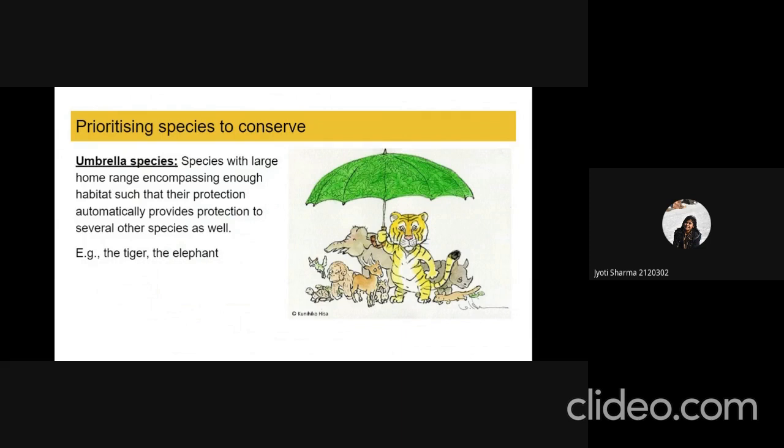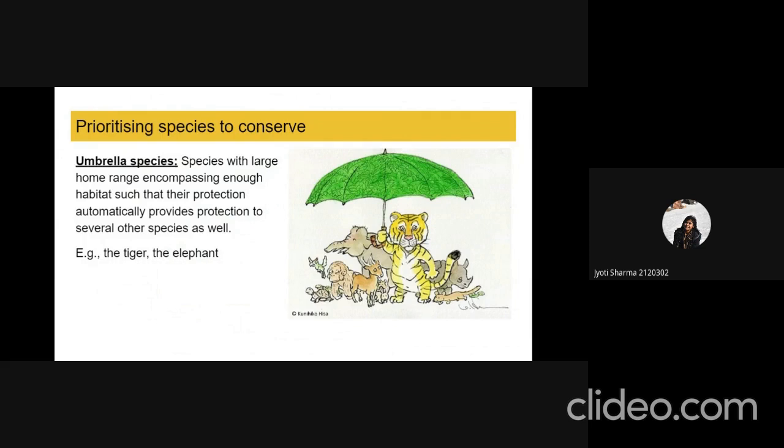This way it satisfies its hunger. So we need a larger range. We try to conserve the larger range of that habitat, and in that larger range we may have many other types of species.